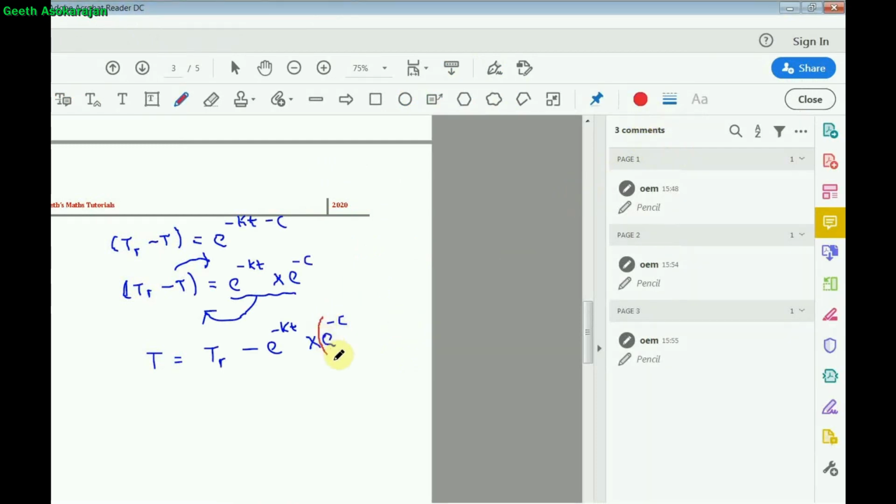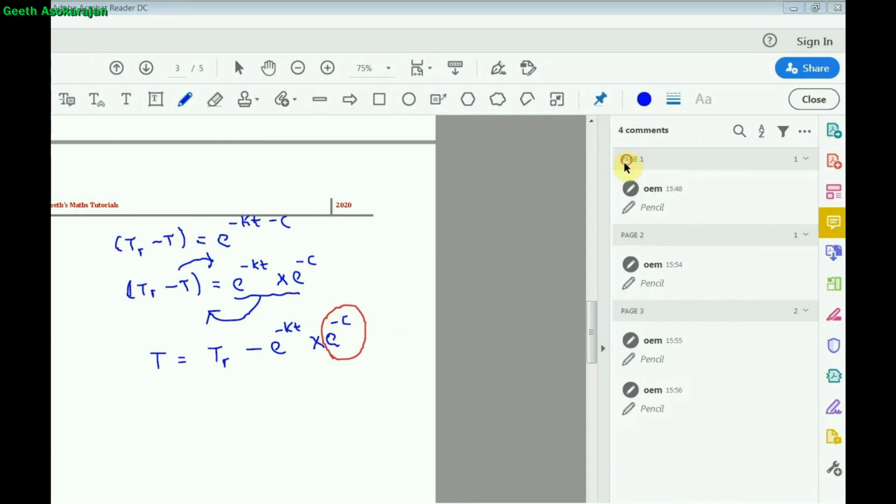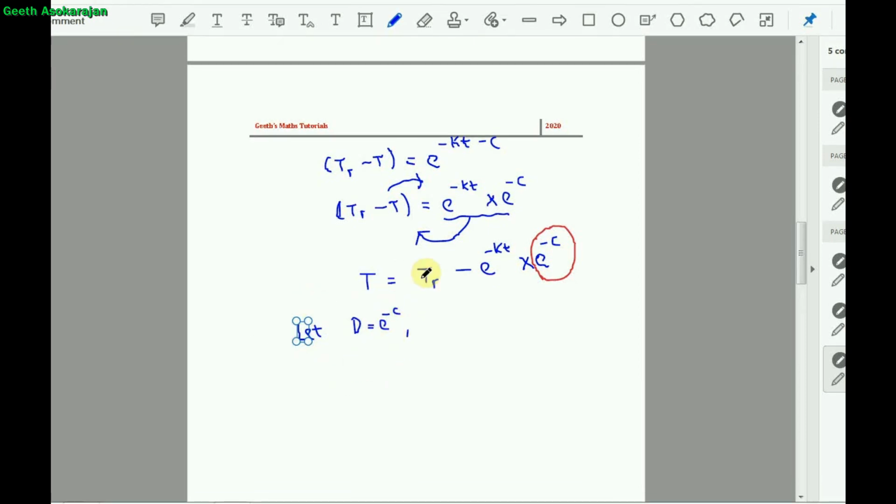So if I replace the e to the minus C by another constant, I'm going to choose the letter capital D. So if I let capital D be e to the minus C, I could rewrite this equation as capital T is equal to TR minus, so e to the minus C, let's replace that by capital D to give me capital D e to the minus Kt.